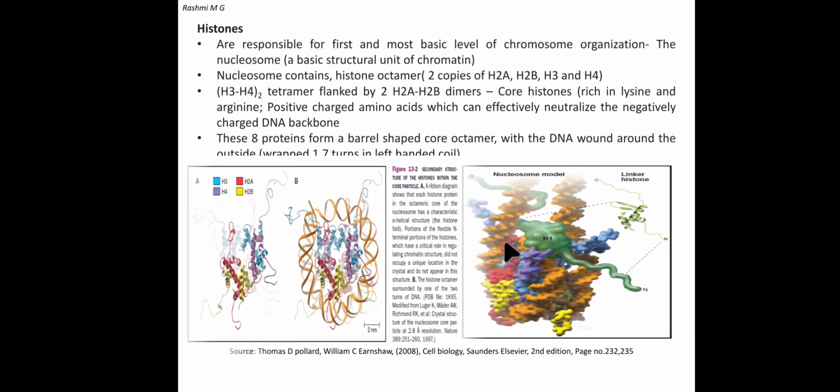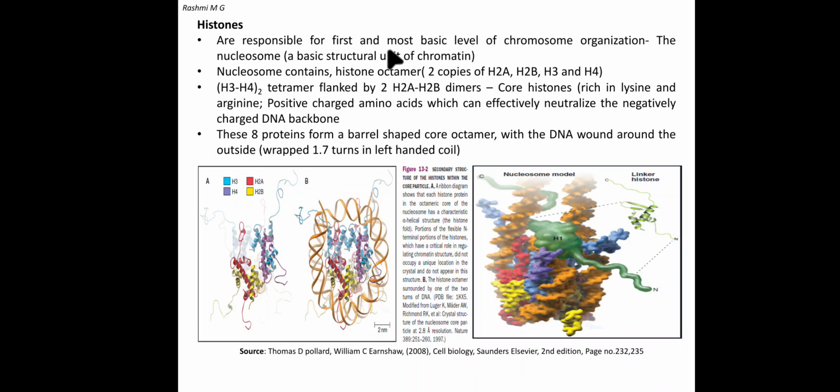So let us now discuss histones. Histones are responsible for the first and most basic level of chromosome organization, the nucleosome, a basic structural unit of chromatin. The nucleosome contains a histone octamer, that is 2 copies each of H2A, H2B, H3 and H4.